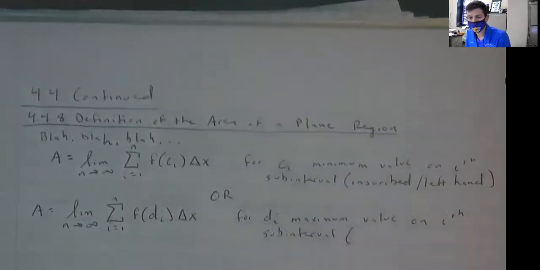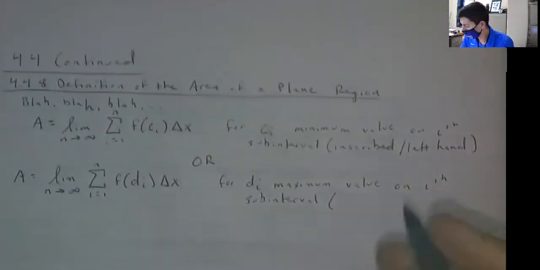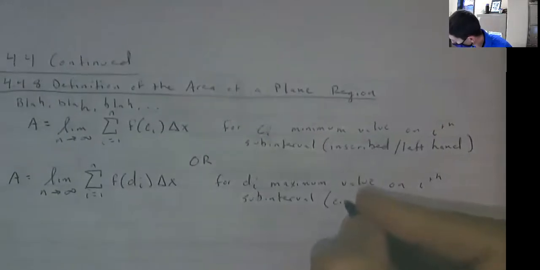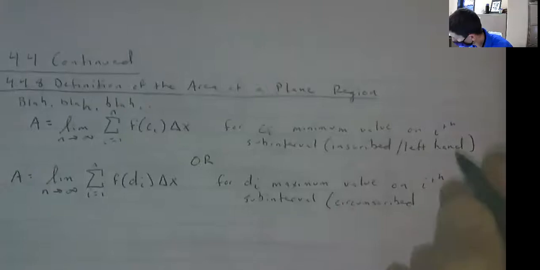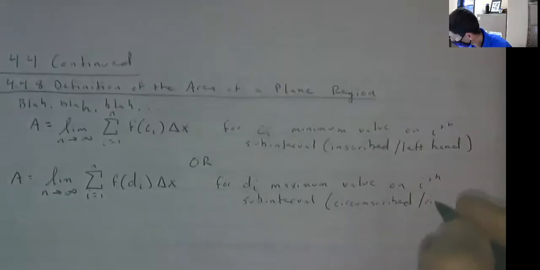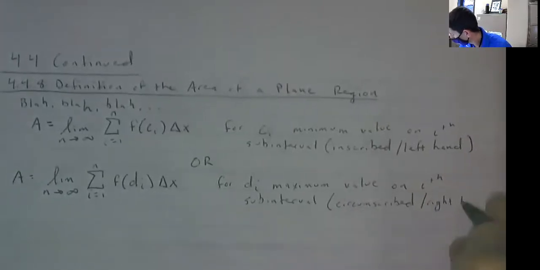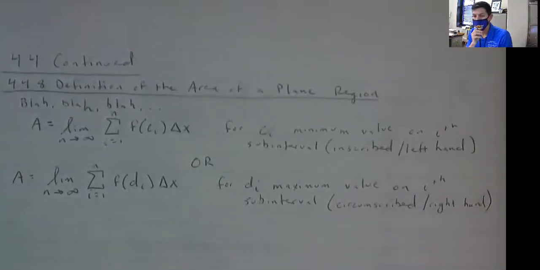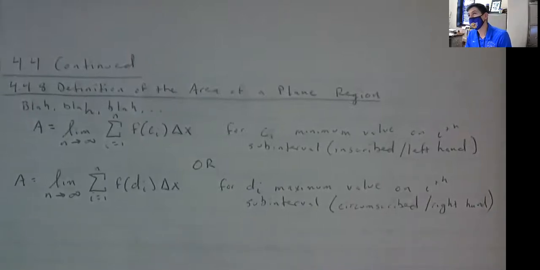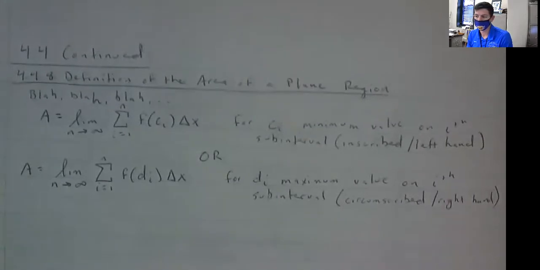Which you would be tipped off to if the word circumscribed is used, or if I tell you right hand. The left hand, right hand stuff becomes a little less accurate if it's not increasing or decreasing the whole time, which we'll see eventually.